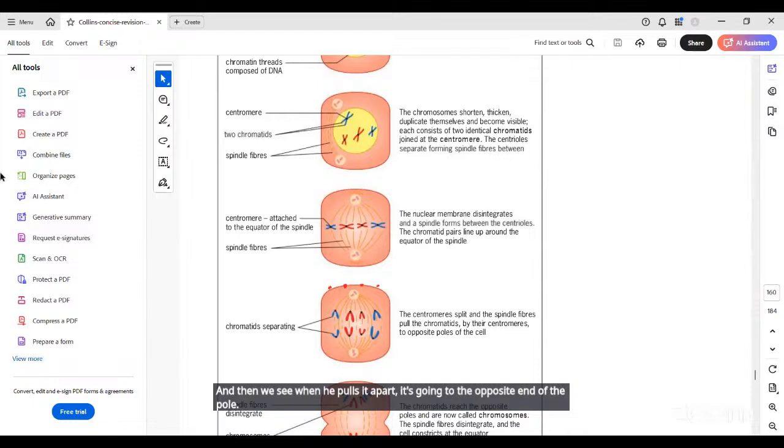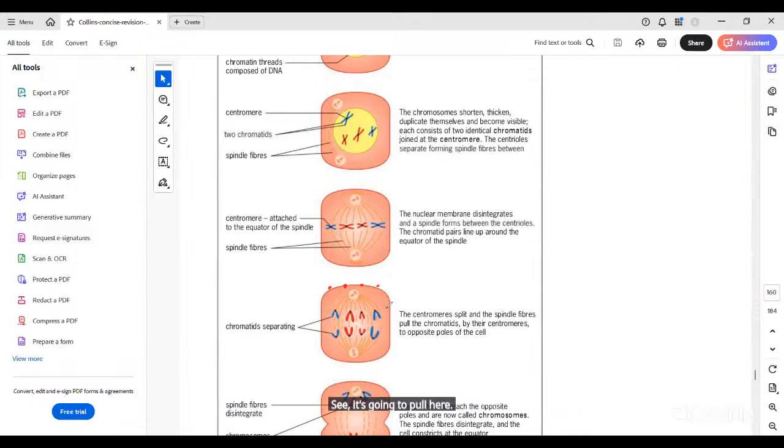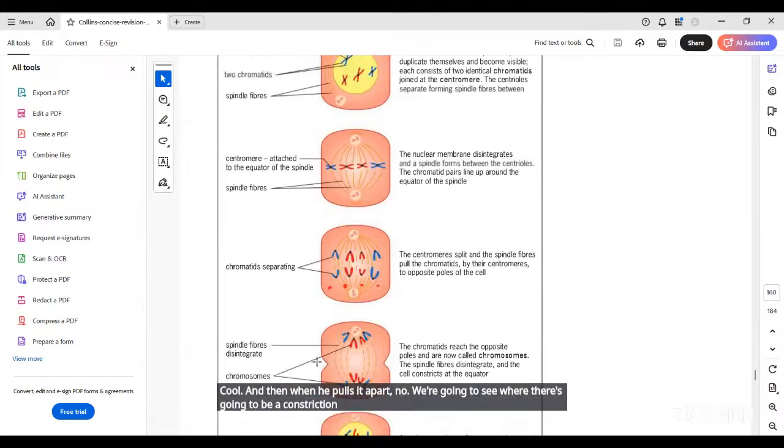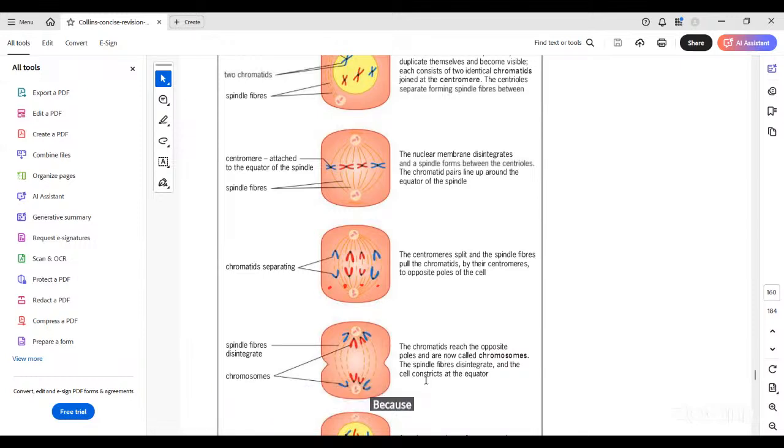See, it's going to pull here, here, and here. Cool? And then when it pulls it apart now, we're going to see where there's going to be a constriction in the middle here.